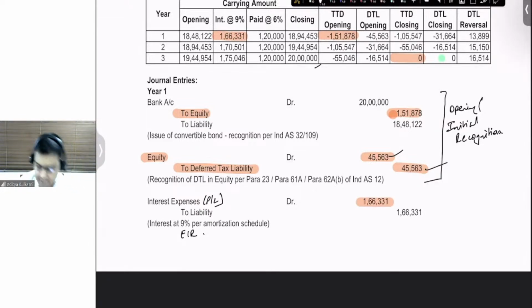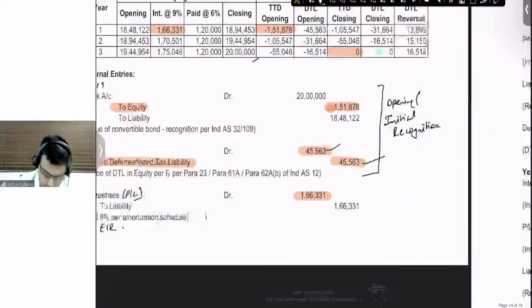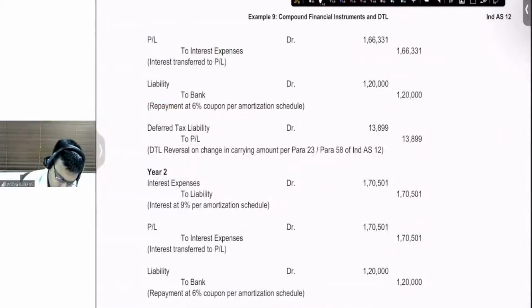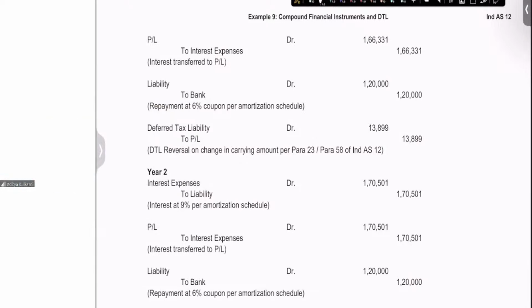Then what am I going to do? I will be paying the coupon rate. So liability to bank, repayment at 6% coupon as per the amortization schedule. Interest expense is just transferred to the P&L.